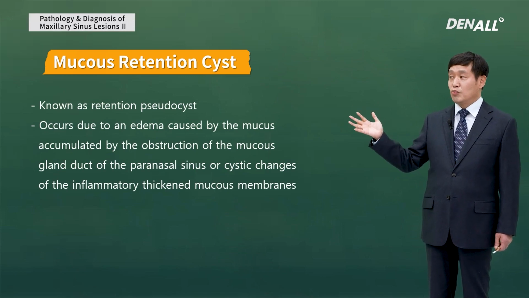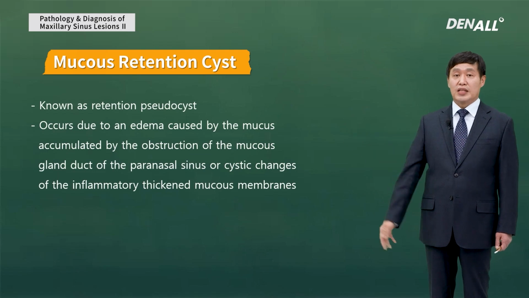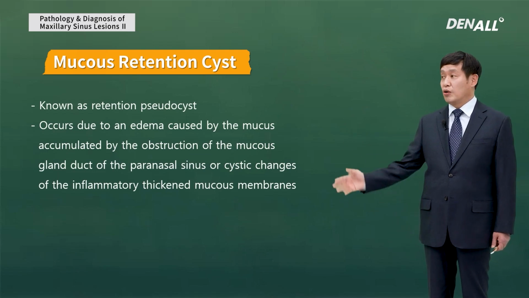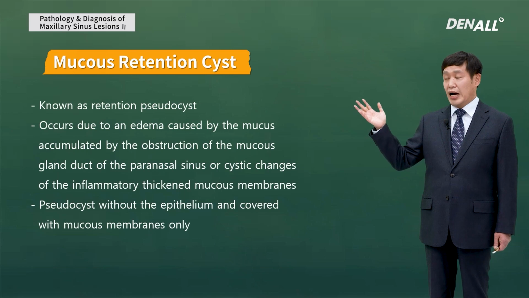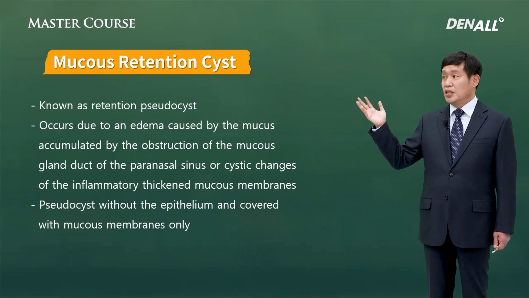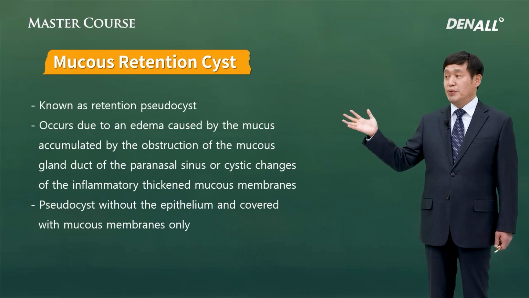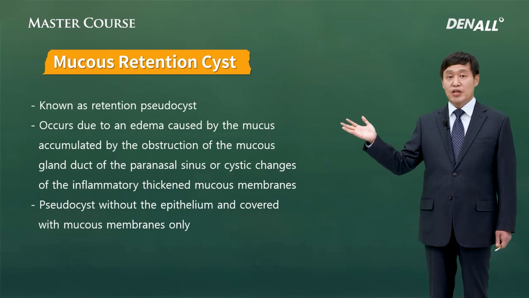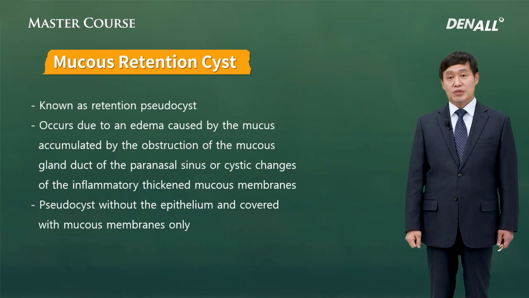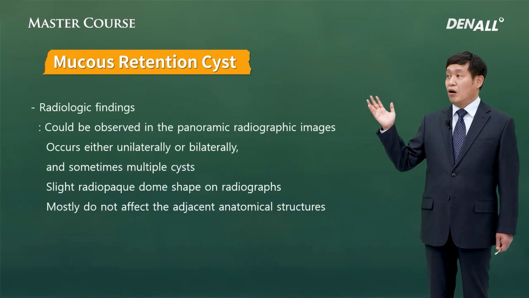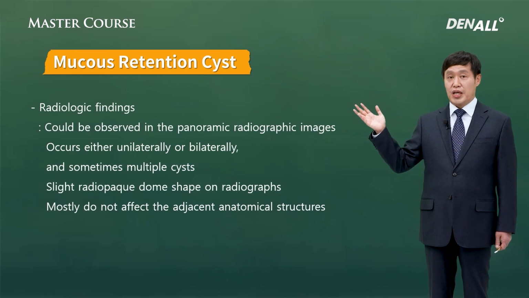The overall mucous membrane is thickened. Cystic changes can occur. This is a pseudocyst, and it is without epithelium. It is retained within the mucus. It is a pseudocyst. Let's look at radiographic findings.